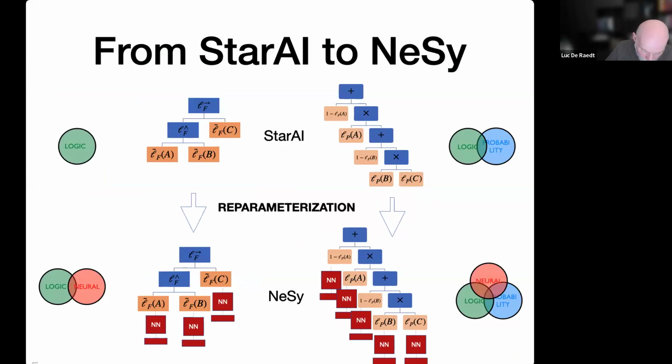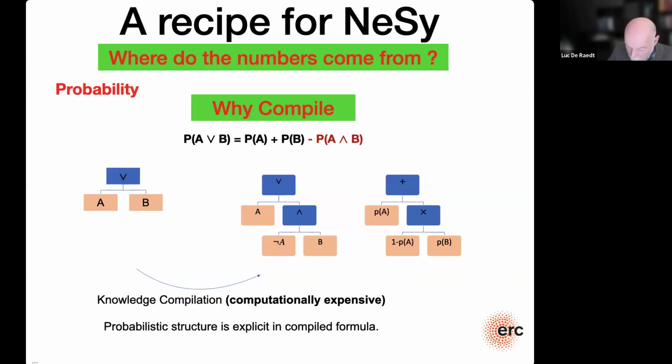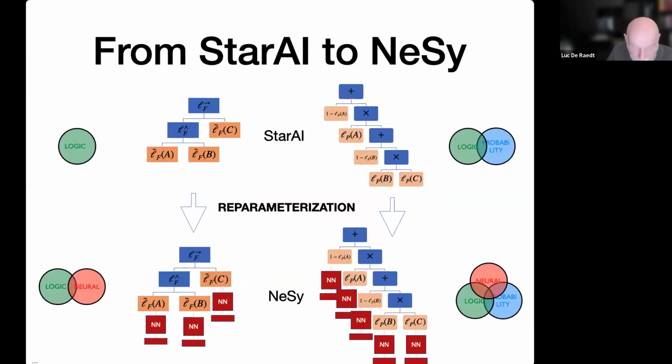Okay, so the previous two or three slides were all about probabilistic logics or fuzzy logics. Let's now look at what changes if you make them neurosymbolic. Here you've got the classical logic. Here you've got the classical probabilistic logic, so to say. And how to make them neurosymbolic according to this recipe.